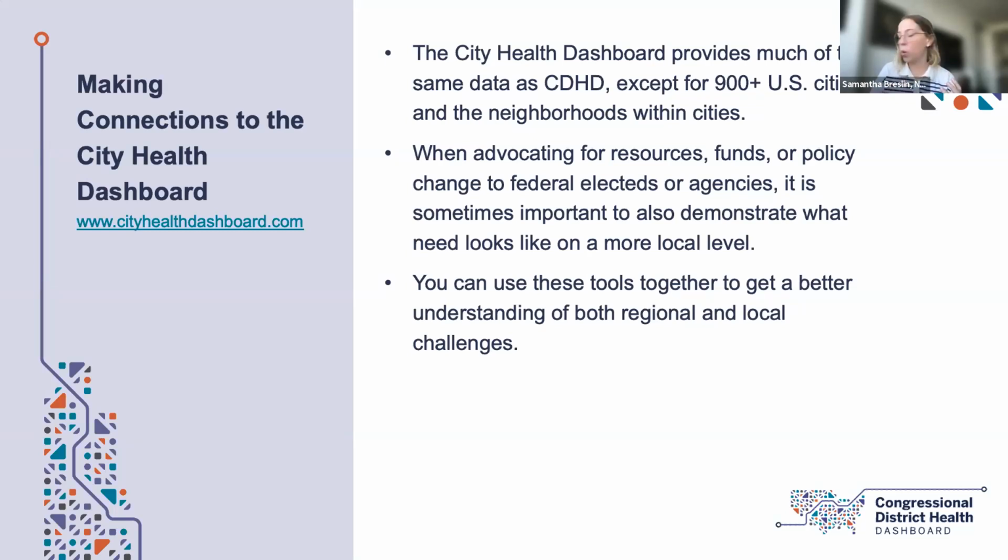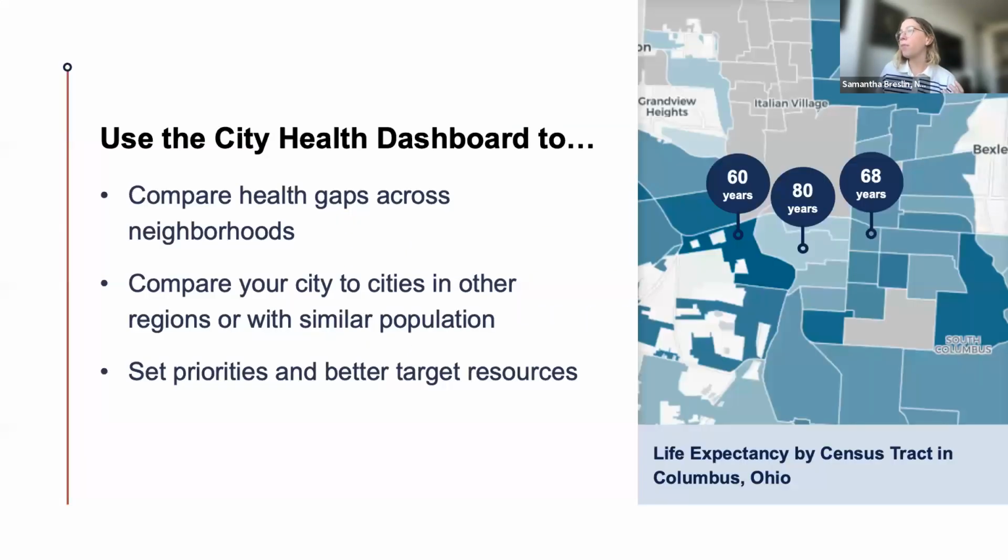into that local context. And then just a primer, I'm not sure how many of you on this call are familiar with the City Health Dashboard, so apologies if you already know about this tool. Much like the Congressional District Health Dashboard is useful for digging into trends, either nationally or at a statewide level, the City Health Dashboard is really powerful in doing that same sort of comparison work at the city level.